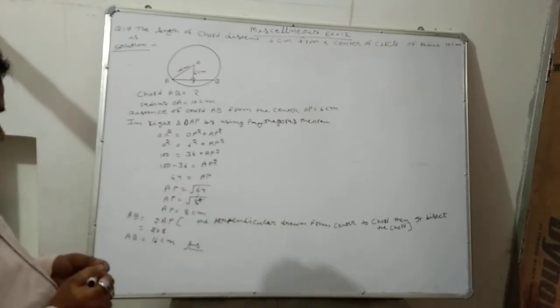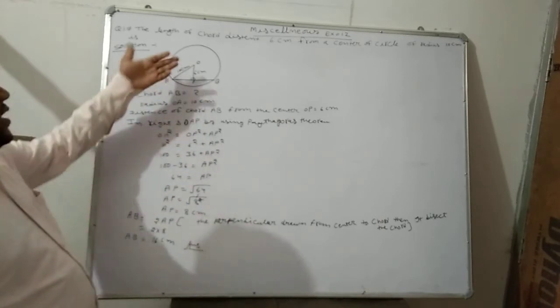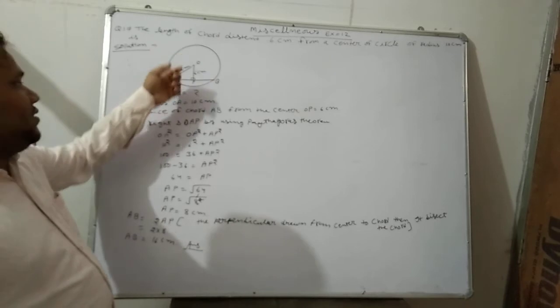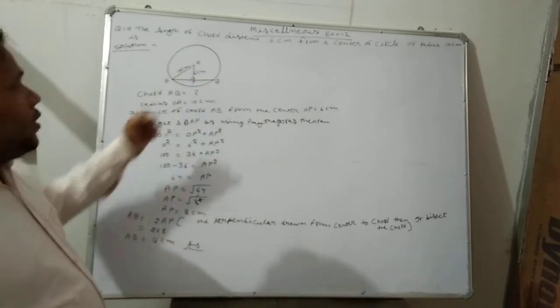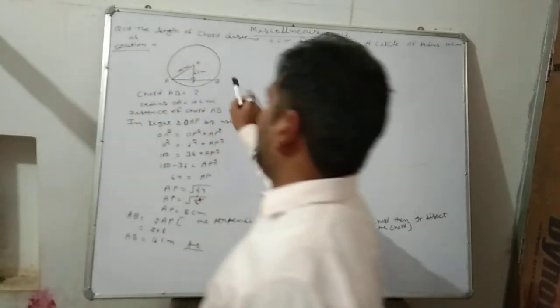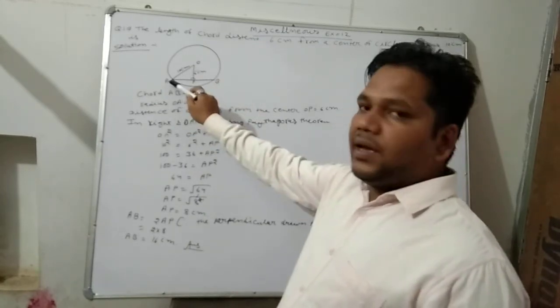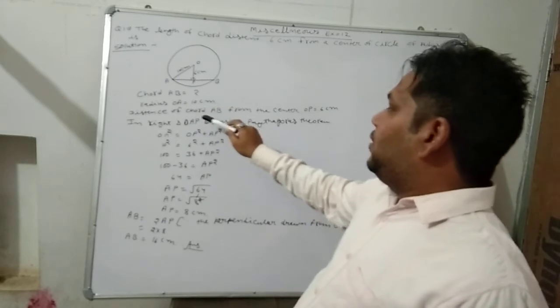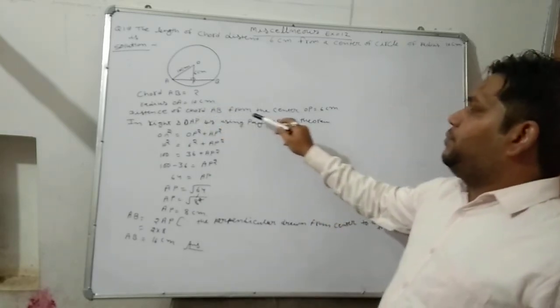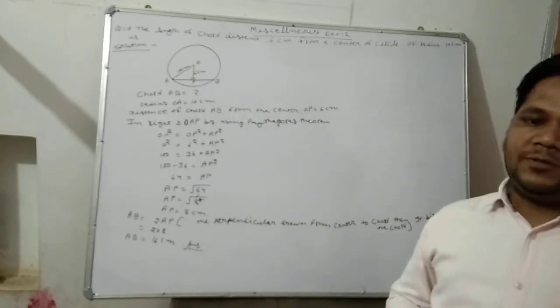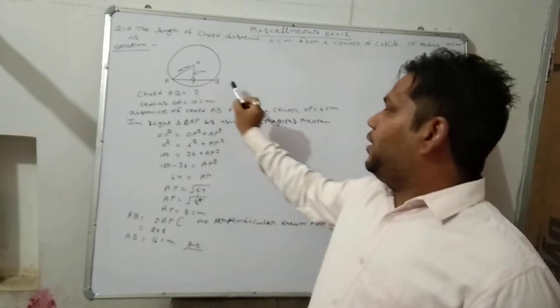We know that the distance of a chord from the center is the perpendicular distance. So chord AB is what we have to find, and radius OA is given as 10 cm. The distance of chord AB from the center is named OP, and OP is perpendicular to chord AB.